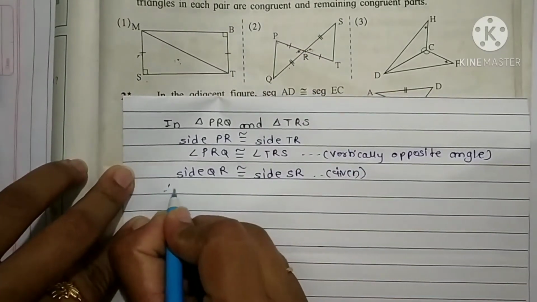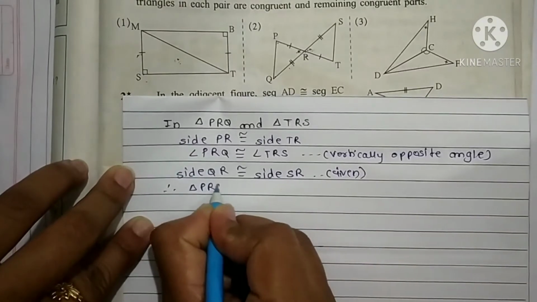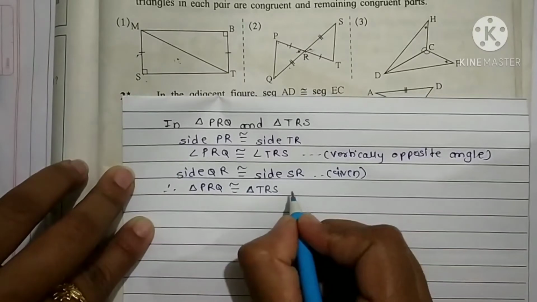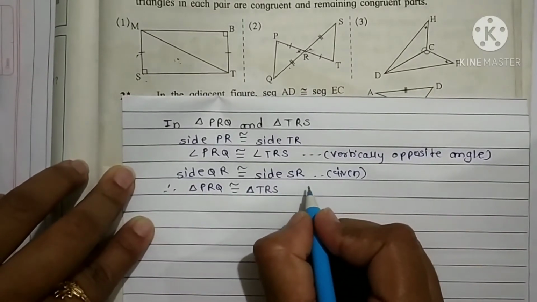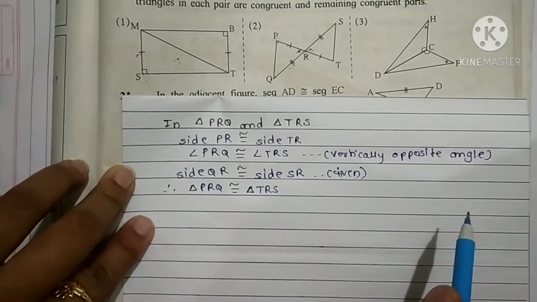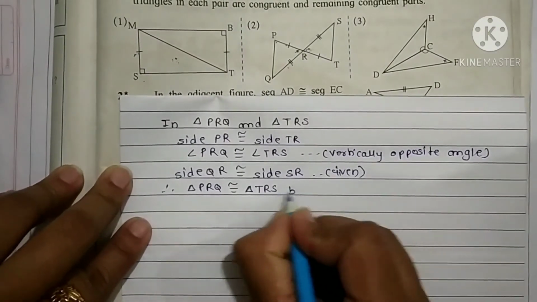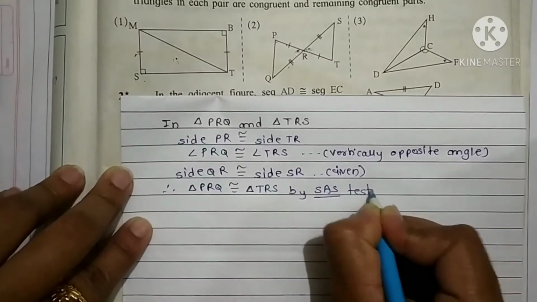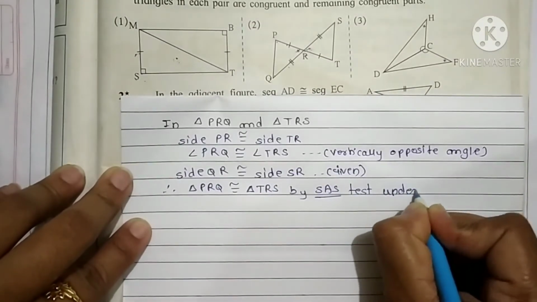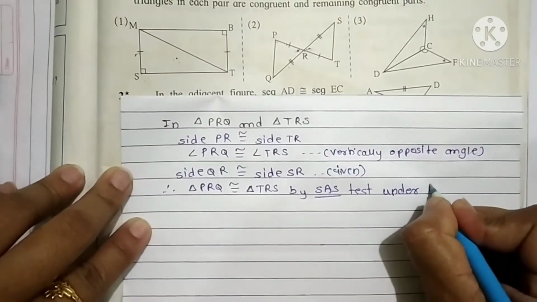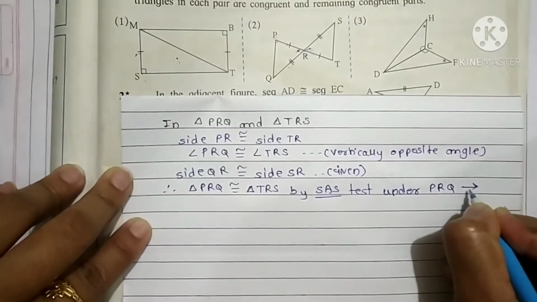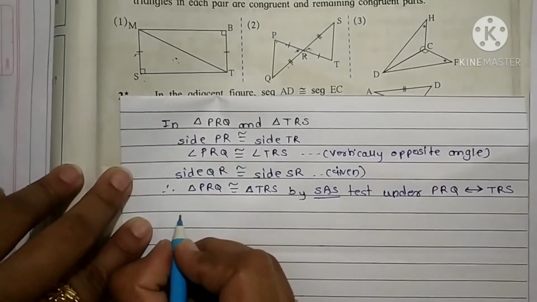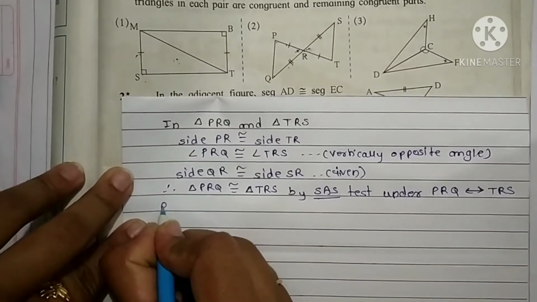Therefore we can say that triangle PRQ is congruent with triangle TRS by the SAS test, under correspondence PRQ to TRS. Now we write the remaining congruent parts.